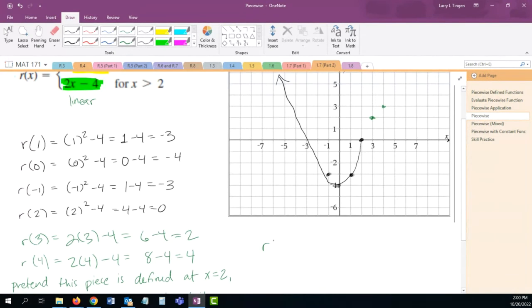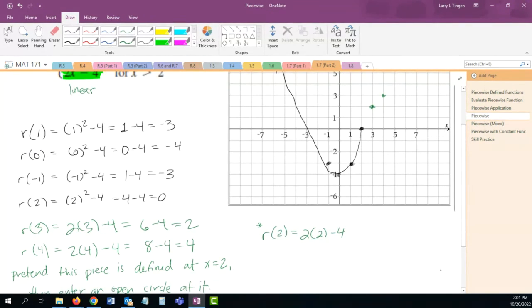that y is equal to 2 times 2 minus 4. Yeah, I didn't count right. 4, 4, that makes more sense.